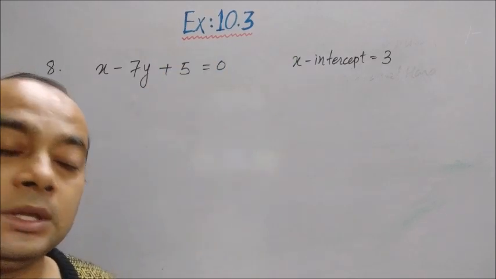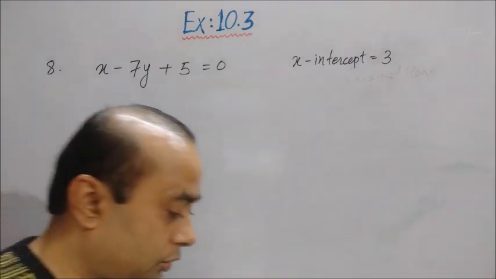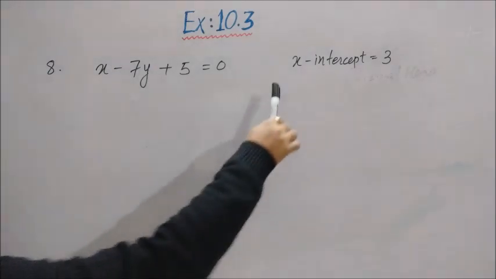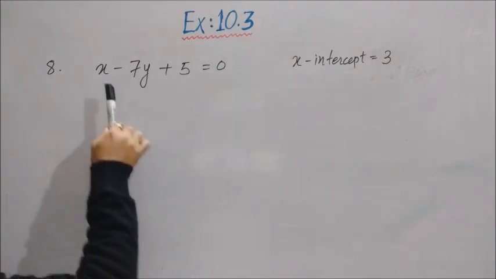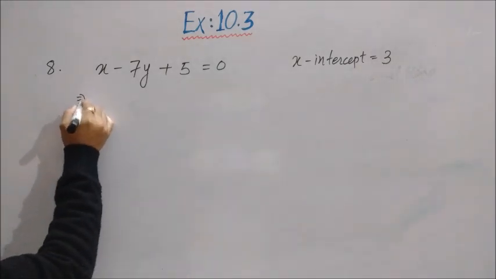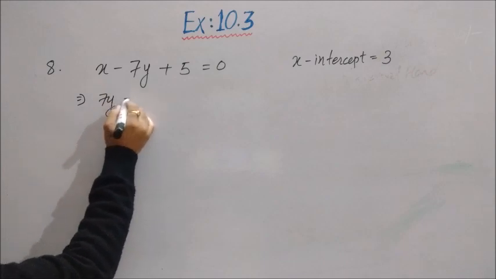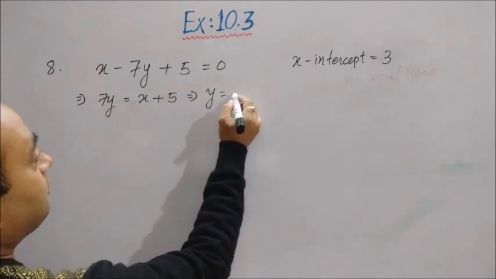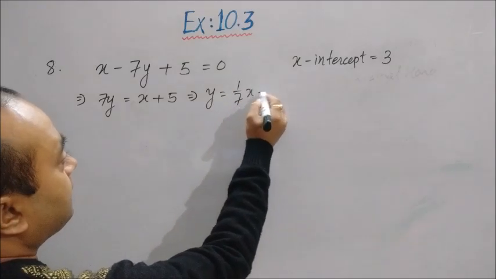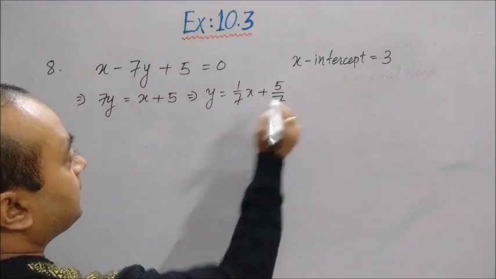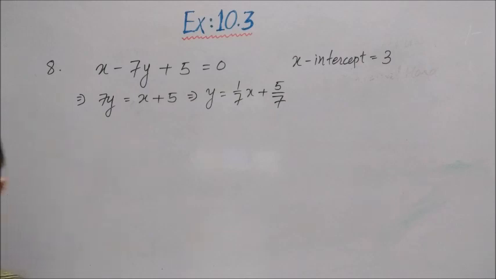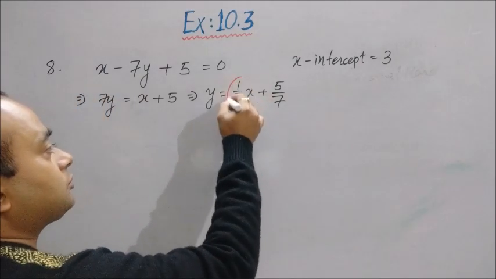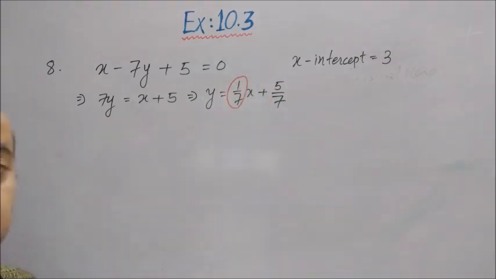In question number 8, we have to find the equation of the line which is perpendicular to this line and having x-intercept 3. So what is the slope of this line? We will first write it in slope-intercept form: 7y equals x plus 5. So y will be equal to 1 by 7 x plus 5 by 7. So I have written the given equation in slope-intercept form. That means we got the slope as 1 by 7.